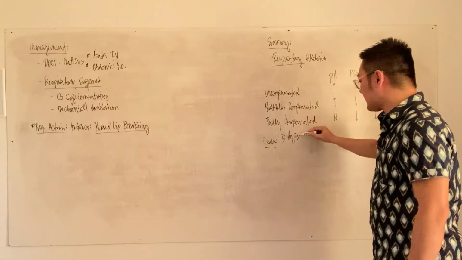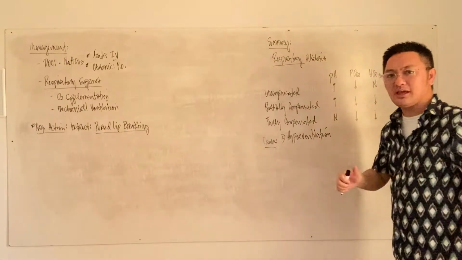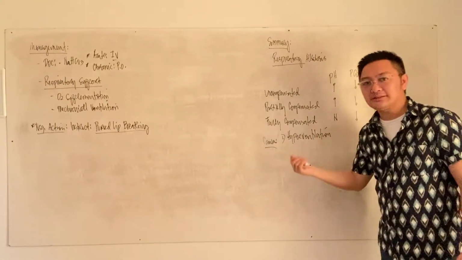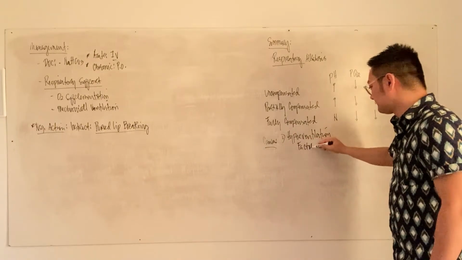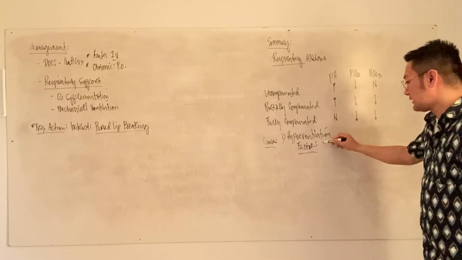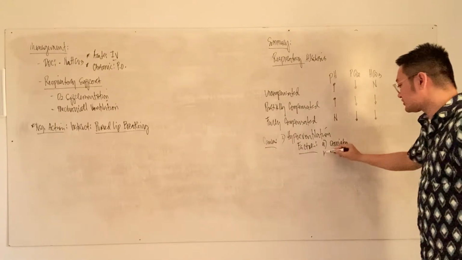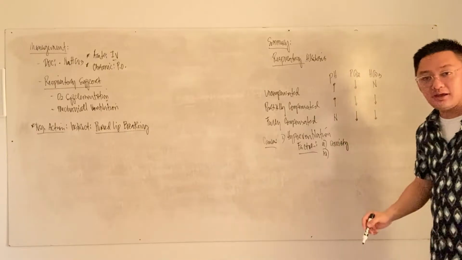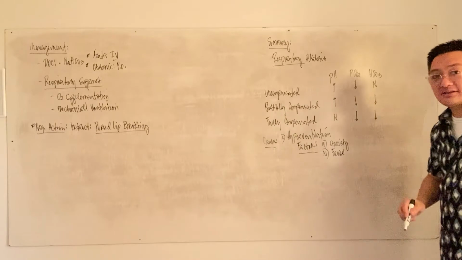So one reason there is hyperventilation, okay? So why did the patient hyperventilate? What factors cause hyperventilation? Letter A is anxiety. Remember, if you're anxious, you hyperventilate, okay? What else? Fever can cause hyperventilation.